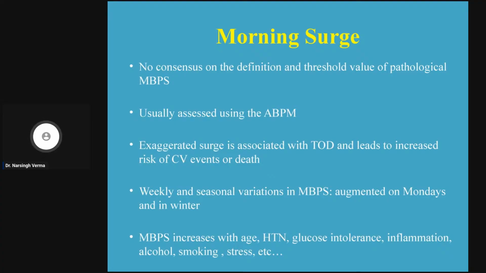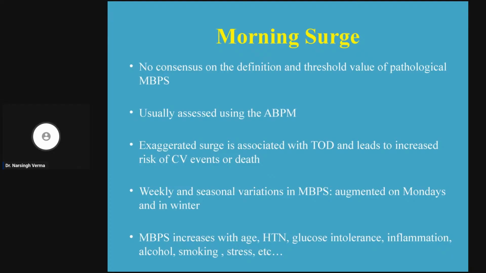Morning surge is a double-edged sword. This is a physiological process. It is there, but when the surge is more or less, that can produce more risk for cardiovascular disease, and that can be known by using ABPM, and it has been found to have a relationship with target organ damage.